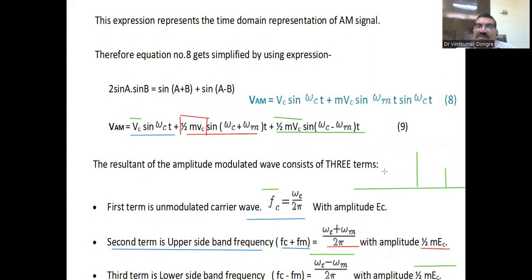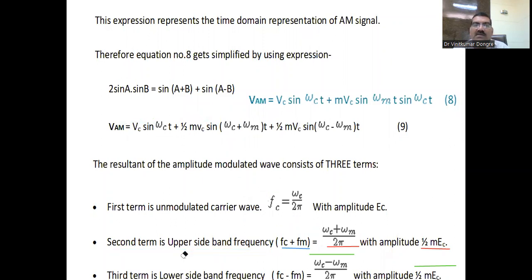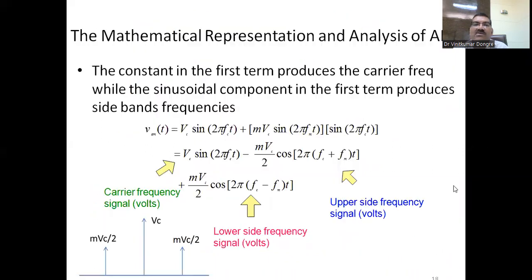FC minus FM, so that will be on the left side, FC minus FM. What is at the center? FC. This is FC plus FM, and this is FC minus FM. So this comes, and it will be this way. I'll show the waveform. So this will become the 3-band representation. Your representation will be like this. So the same thing I showed, I repeated the formula, and these are the bands. Here again I am showing the same thing.